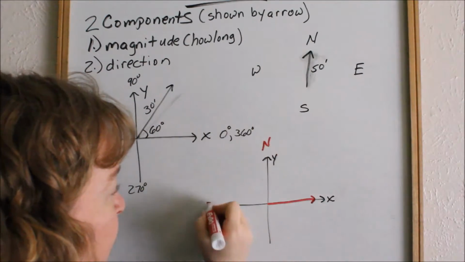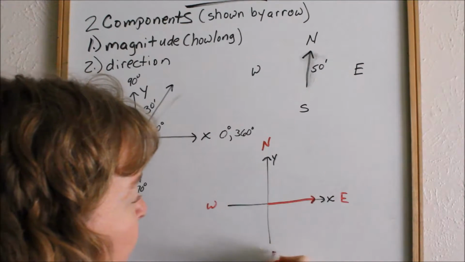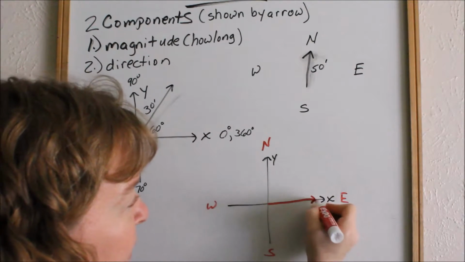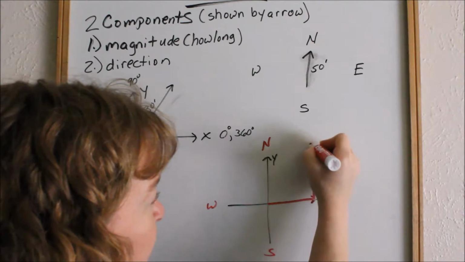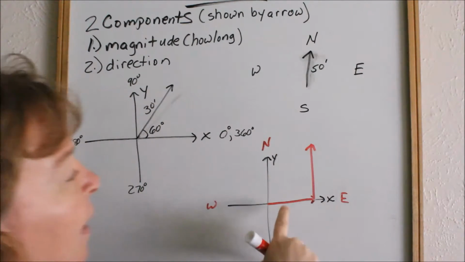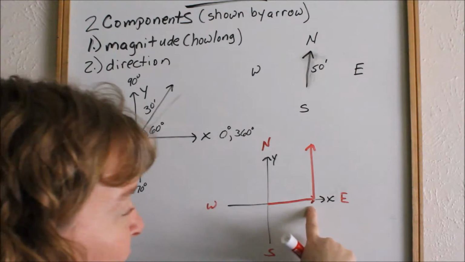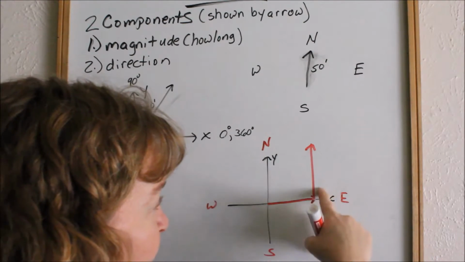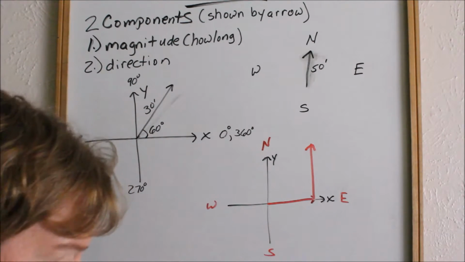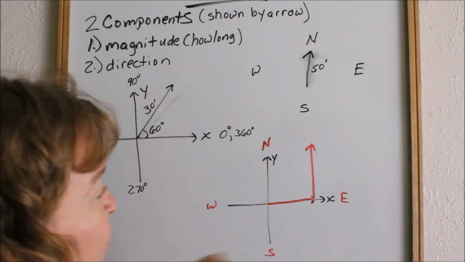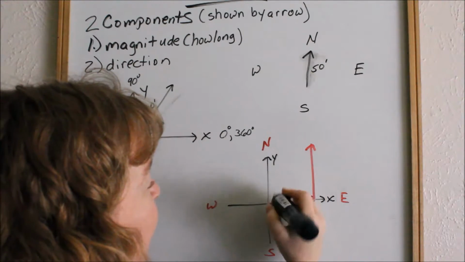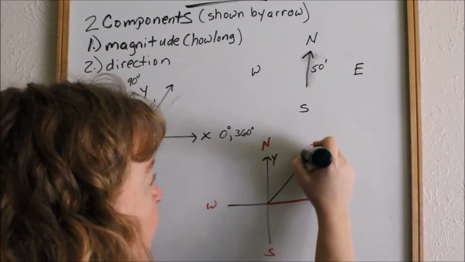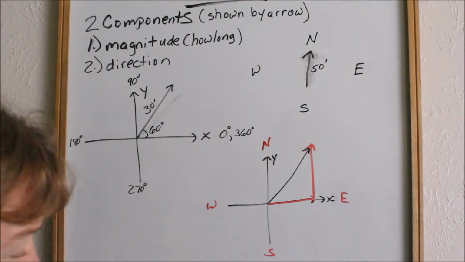Okay, north. They started at the origin, they walked east, and then they turned and they walked north. I can add this vector going horizontal and this vector going vertical, and when we add those two vectors together, that is the resultant vector.